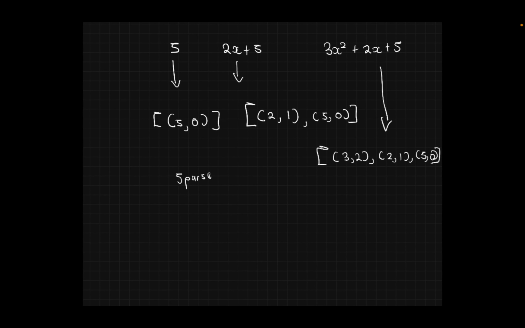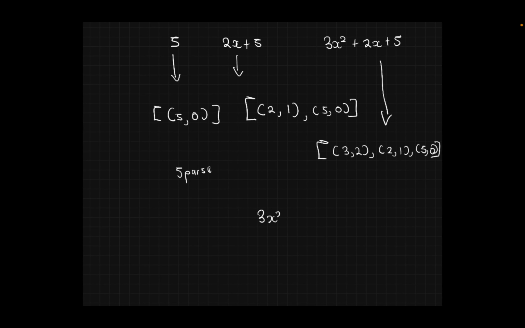So in this case, let's say 3x squared plus 2x plus 5. Technically there's an x raised to the power of 0 here, right? If you look at it, the power is growing sequentially: power 0, power 1, and power 2, which is the same as the index of an array, okay?